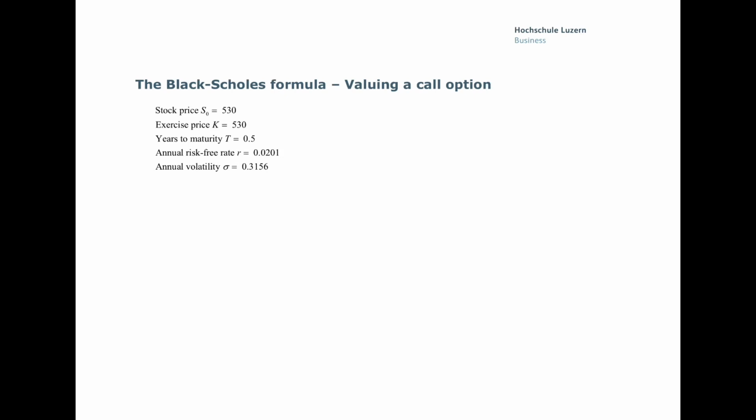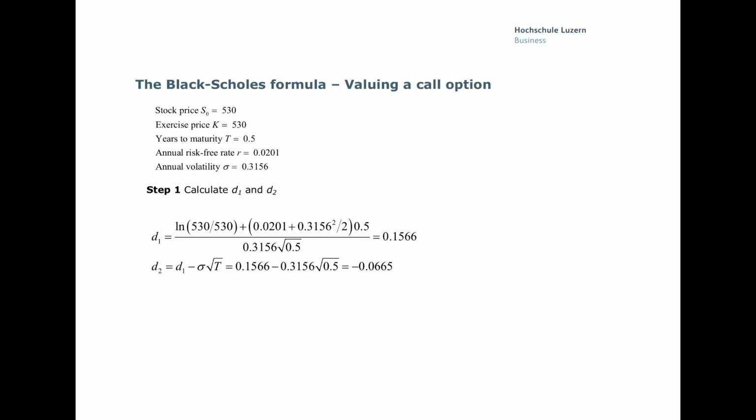Based on these numbers, we proceed in 3 steps to compute the option value based on the Black-Scholes valuation formula. In step 1, we calculate D1 and D2, which are the input parameters for finding the corresponding values of the standard normal distribution.